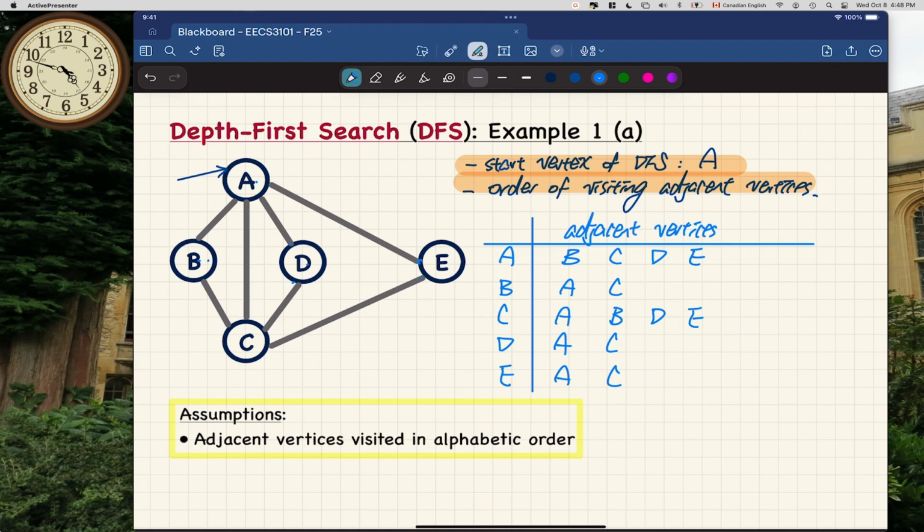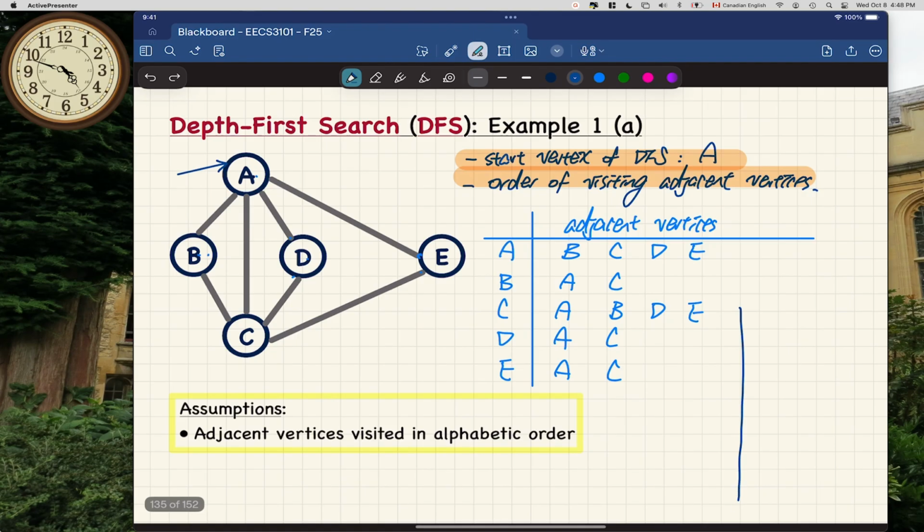We only visit that particular vertex if it's unvisited. If that vertex is already visited, the edge is going to be a back edge, as we'll see. We're going to go over it thoroughly. Along the way, we're also going to have a stack right here.